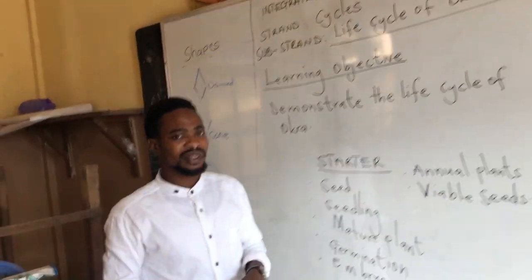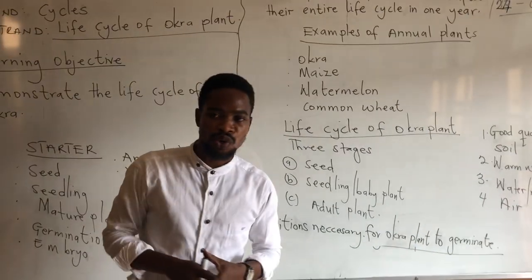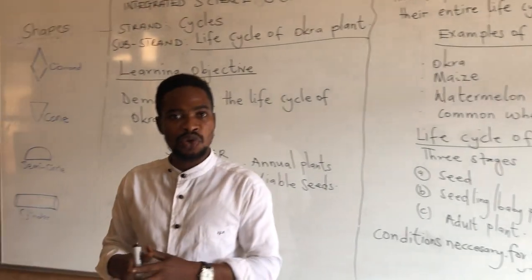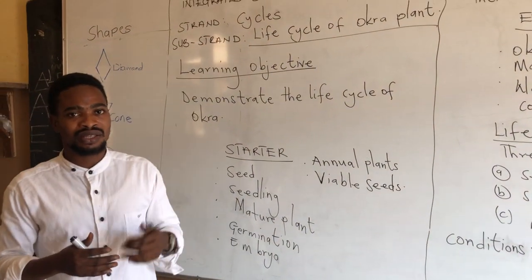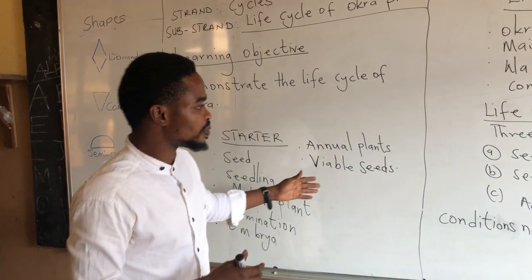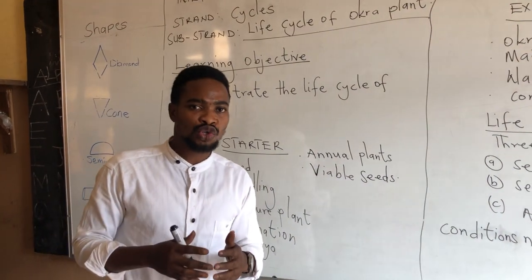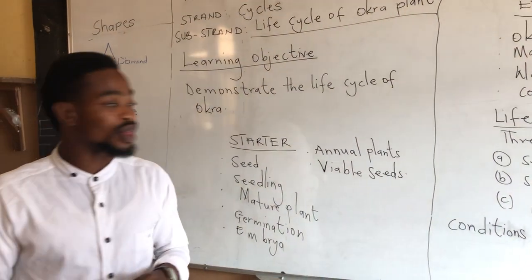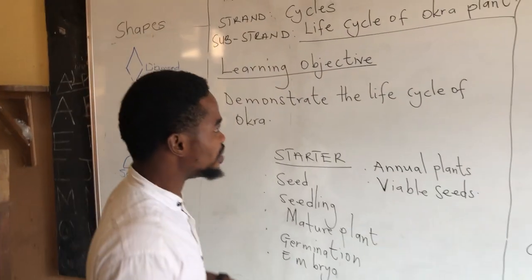Now, I believe according to human stages, we grow from childhood, then from there we move on to adulthood, right? These are the stages in life. The same thing applies to plants as well. Plants also grow from one stage to another. So today we want to consider some few stages in plants.